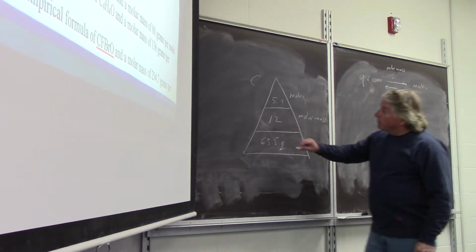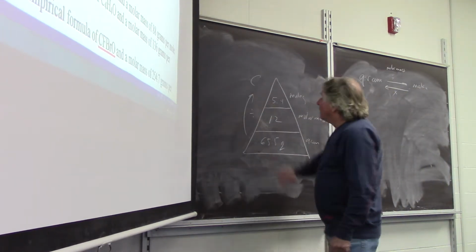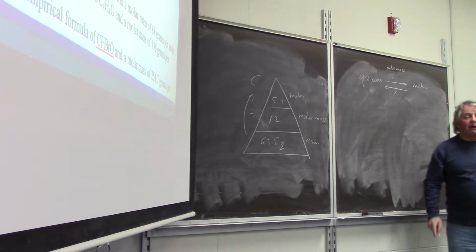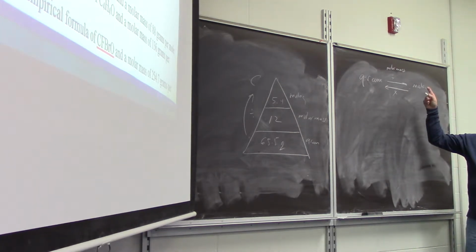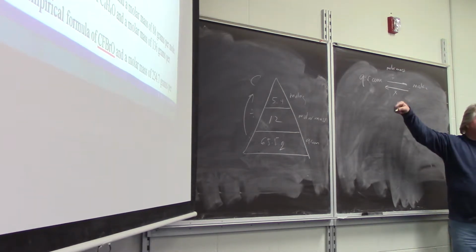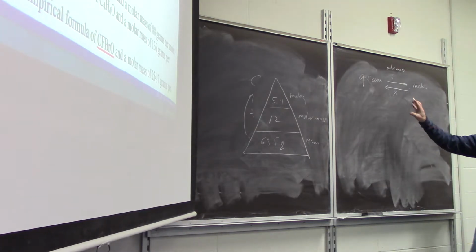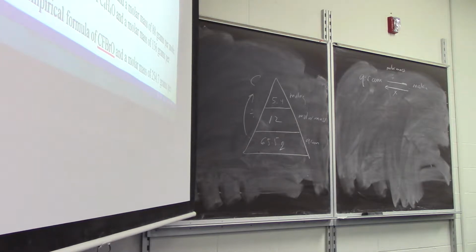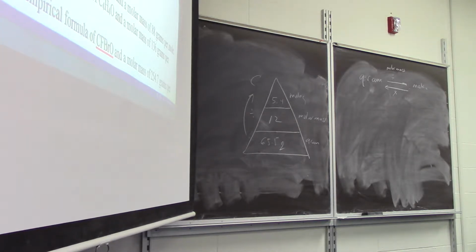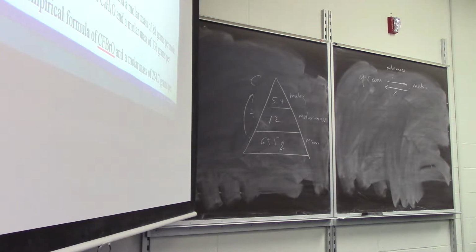Okay, so as we go up in moles, we divide into our moles. When we go the other way, we multiply out. I'm just going to pretty much stick with this. But the idea, in terms of the triangle, is you're dividing up into moles.